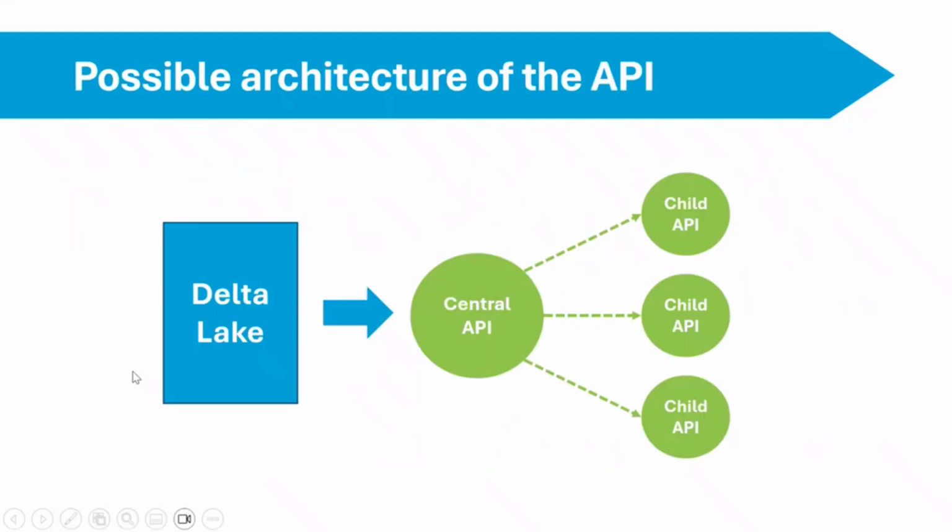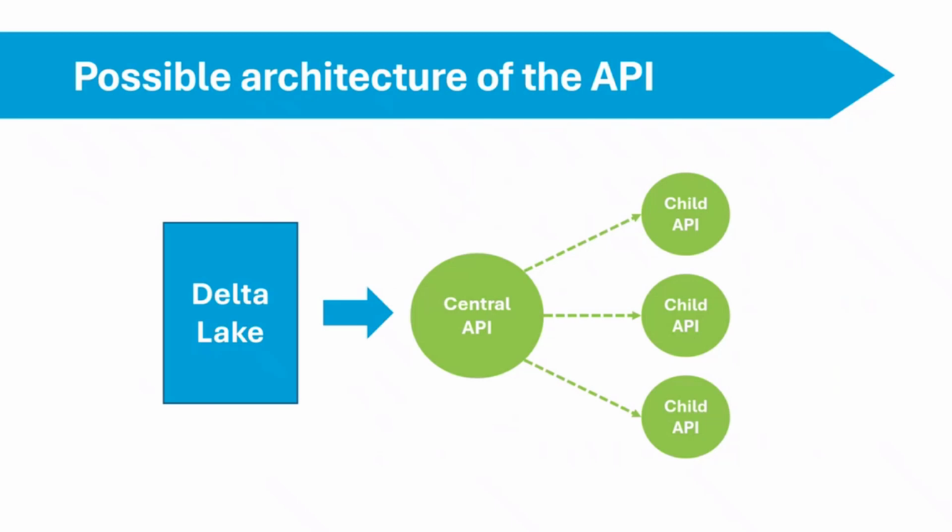Yes. Then there's the possible architecture of the actual API. I've done this in a way that you have Delta Lake, and then you have a central API, and then you have child APIs. There isn't any right or wrong way of doing this. The main key is that you can use the central API, basically the DuckDB one, where it queries data from the Delta Lake.